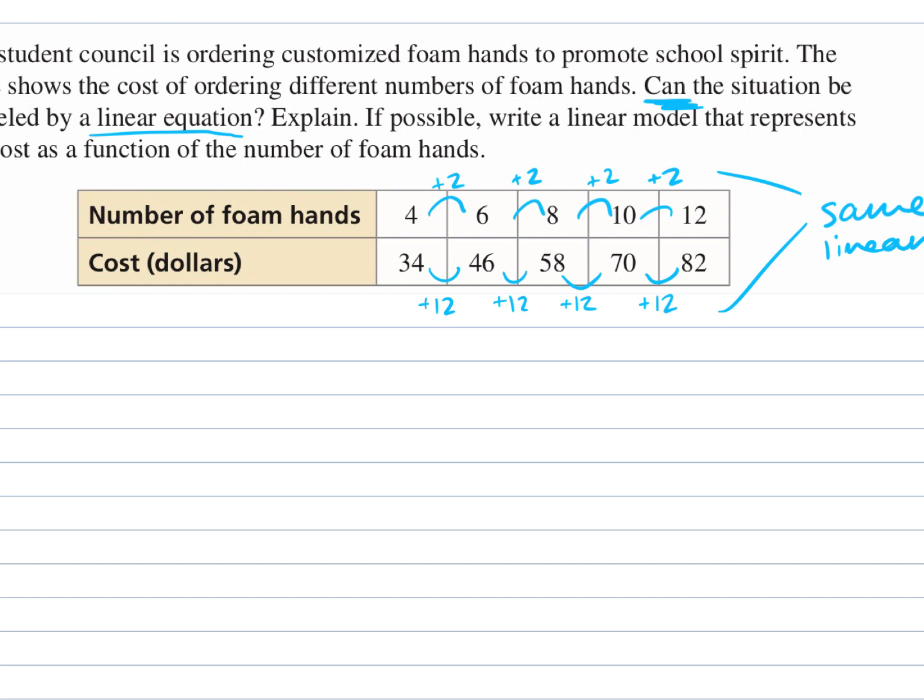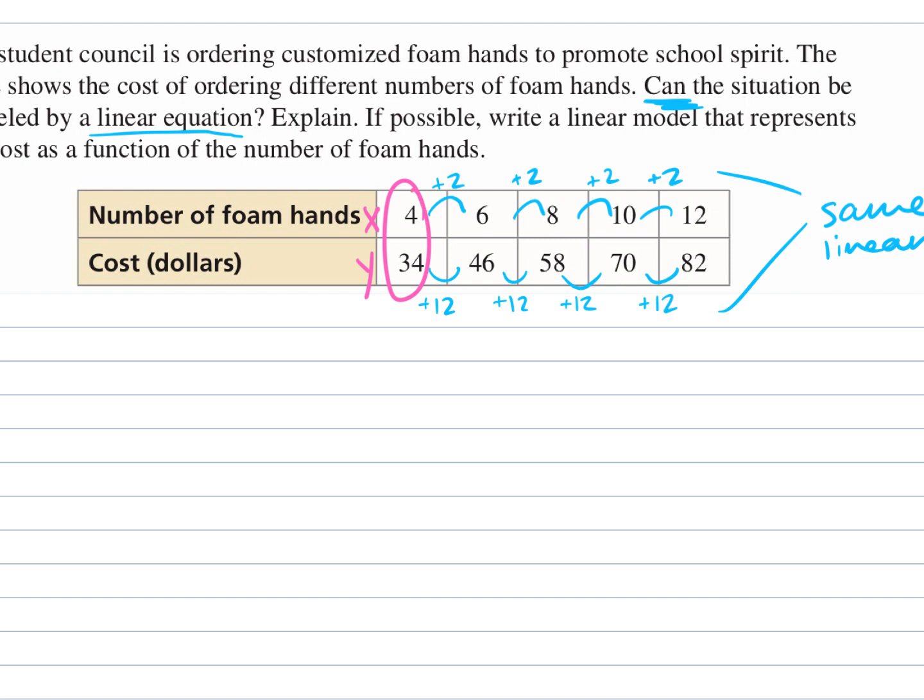So on the top, the number of foam hands is our X, and the cost in dollars is our Y. I'm going to treat this the same as we did in the last questions, and I'm just going to pick 2 points.